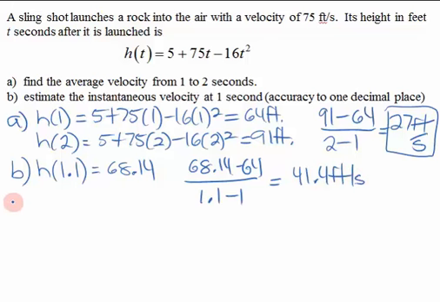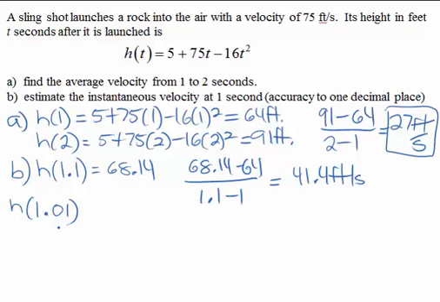I'm now going to find the height at 1.01, and putting that in this function, I get 5 plus 75 times 1.01 minus 16 times 1.01 squared, and it looks like that gives me 64.4284 in the calculator.